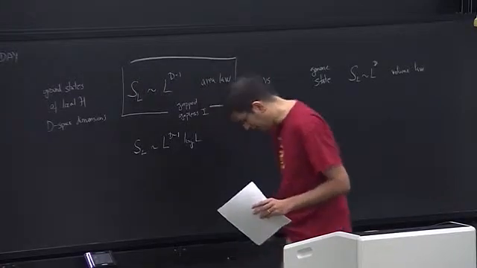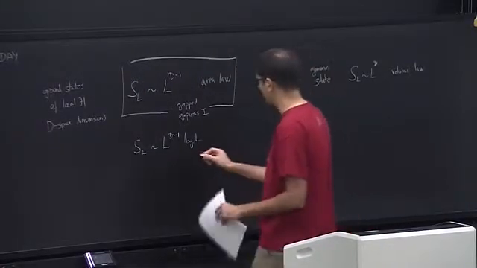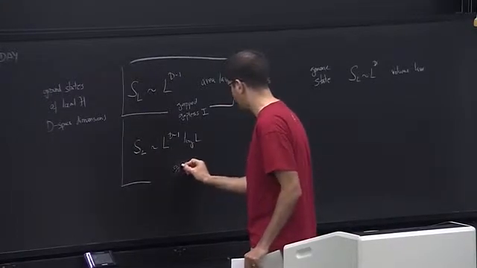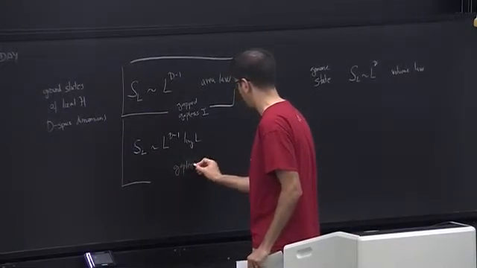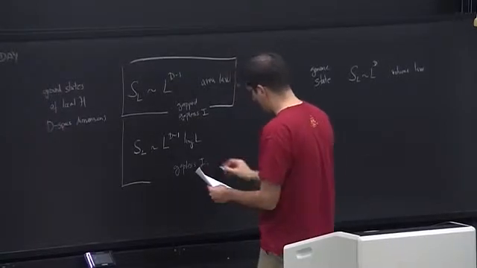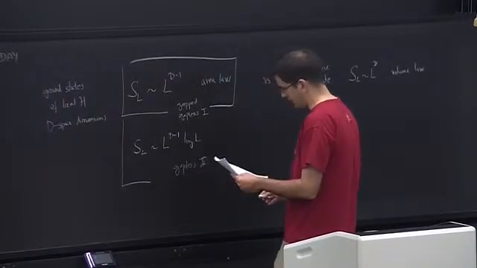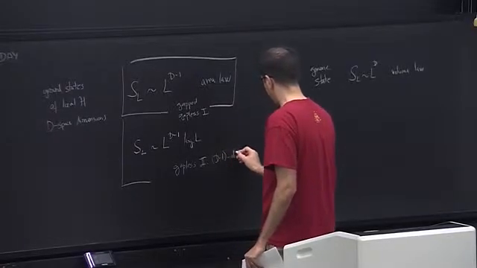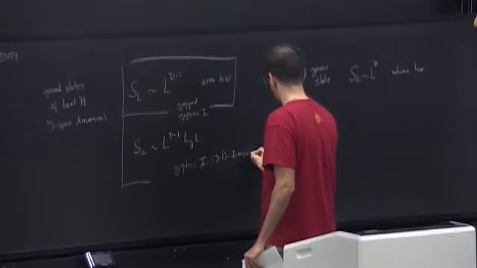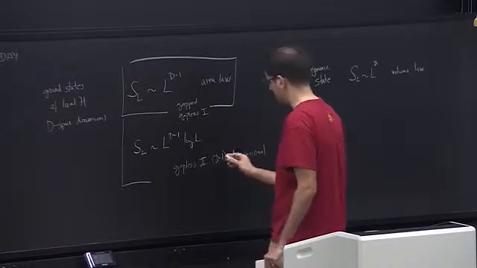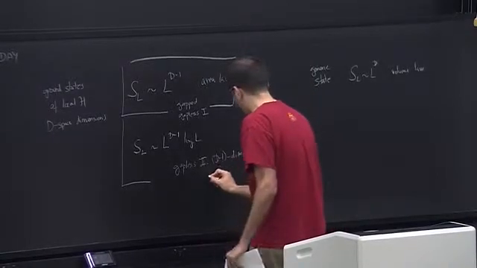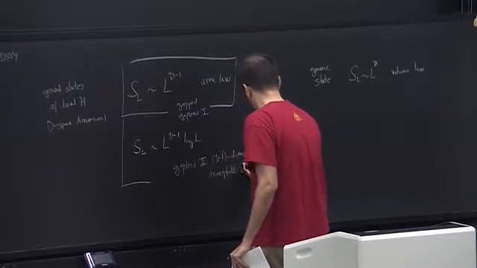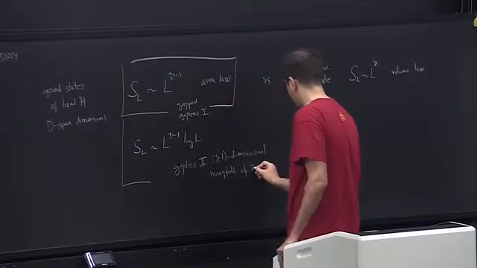And this happened in the case of what we call gapless of type 2, which means that there is a d minus 1 dimensional Fermi surface, or more generally, a manifold of 0 modes.